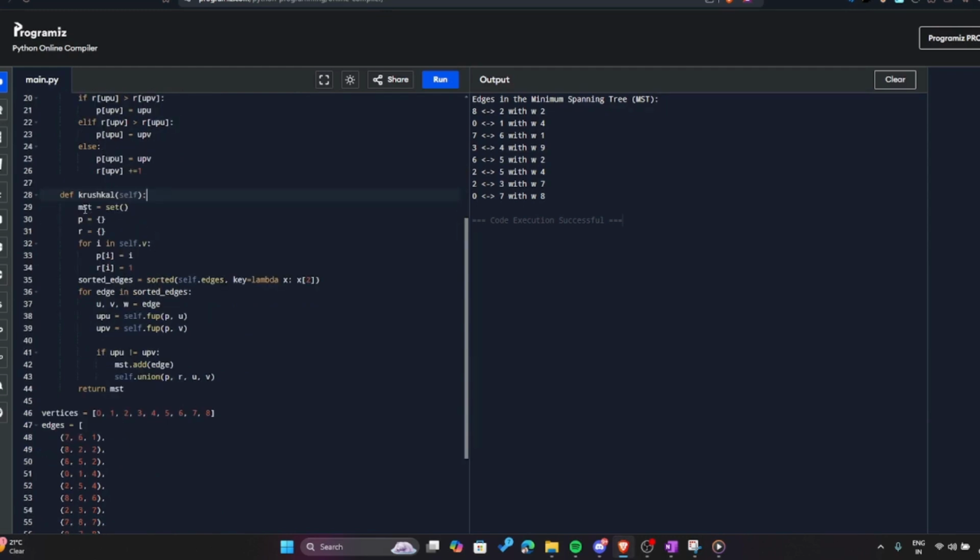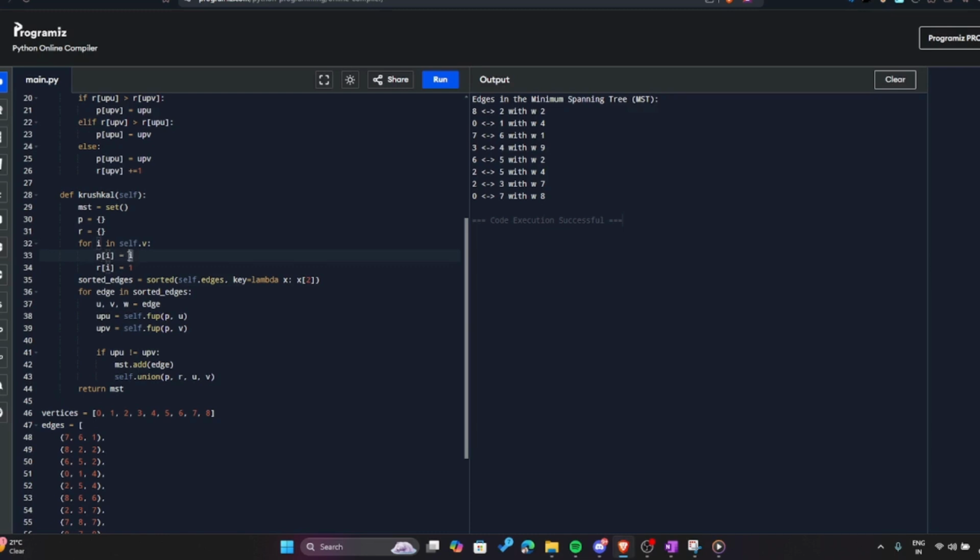Self MST, which you can create as a set, list, or whatever you want. Now you have the parent set, and you also have the rank set as well. For i in self.V, as many vertices as you have, you have to initialize the parent to be the node itself.